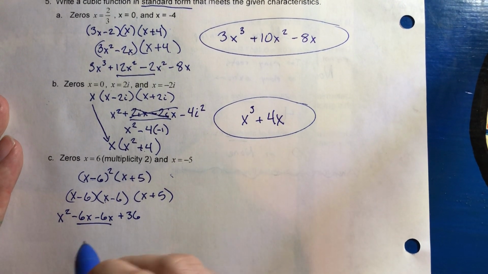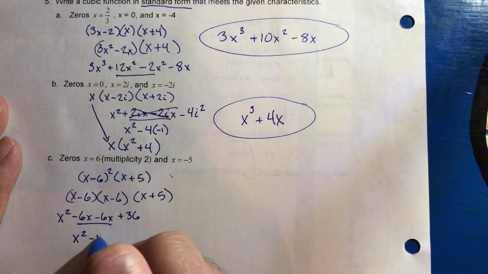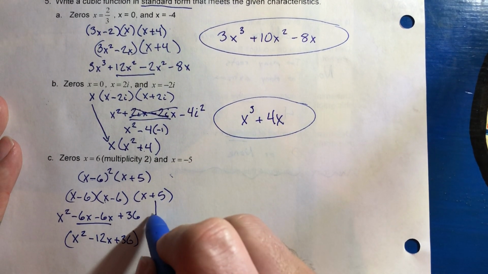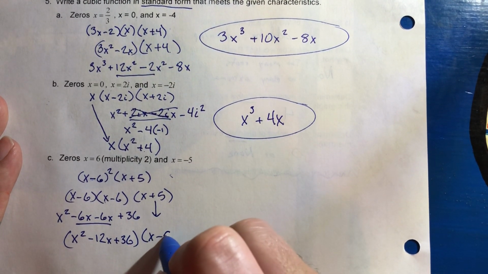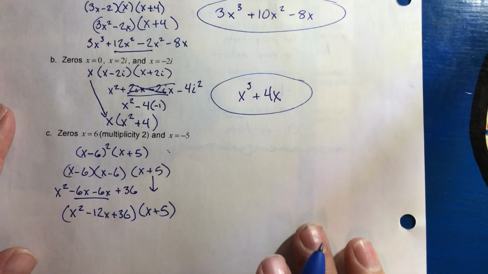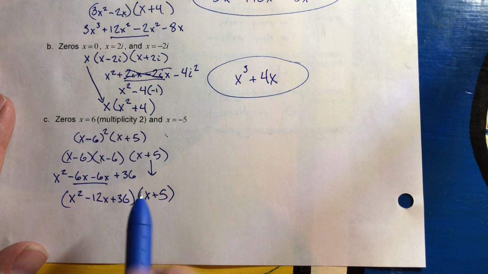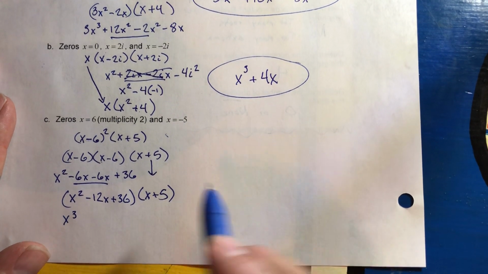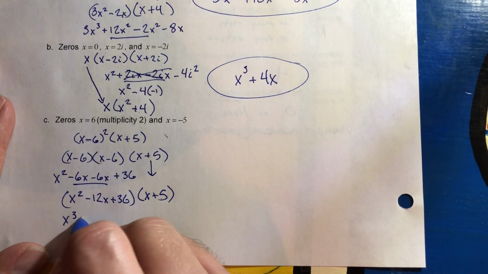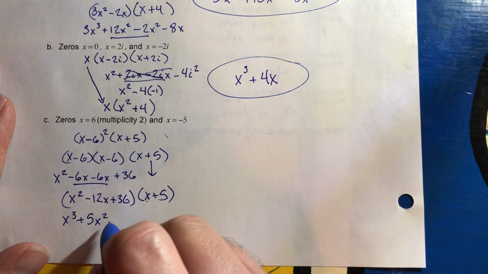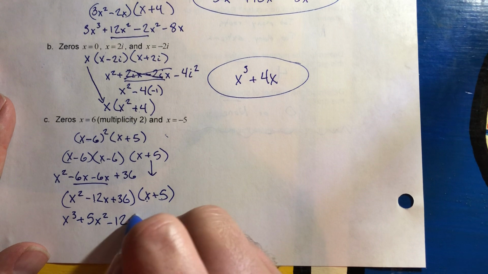Combine those two like terms. X squared minus 12x plus 36. And now I drop down the x plus 5. And now I distribute or FOIL out everything here. X squared times x, x cubed. X squared times 5, 5x squared. Negative 12 times x, negative 12x squared.